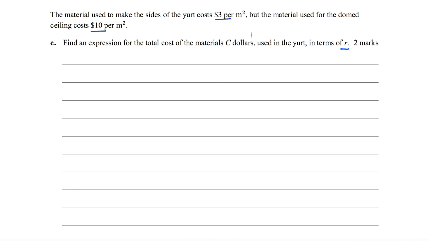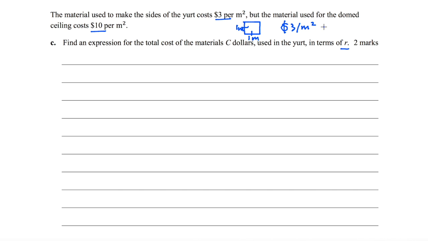Think about this analogy. If you have some wall to paint, and let's say it's 1 meter by 1 meter, so it's 1 meter squared, and let's say it costs $3 per meter squared to paint this wall. The paint costs that much. It's expensive paint, let's say.